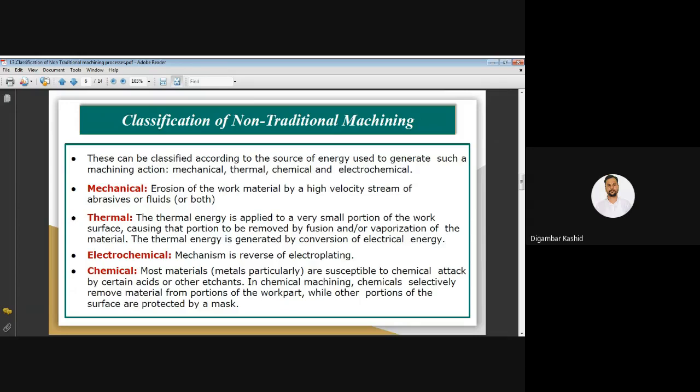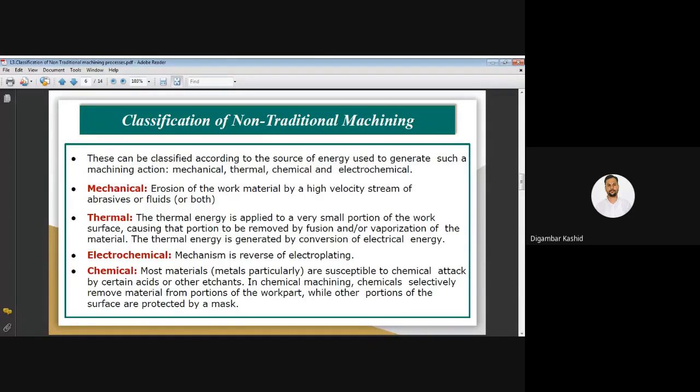Chemical and electrochemical machining processes can be used for electrically conductive materials. However, electrical conductivity is not required for chemical machining. For electrically non-conductive materials, conventional machining processes like turning, milling, or drilling can be used.